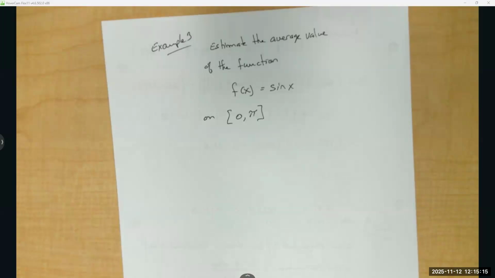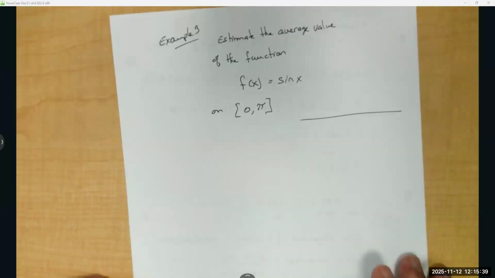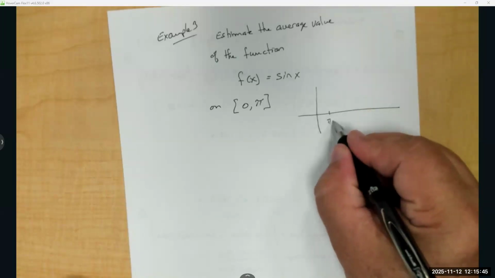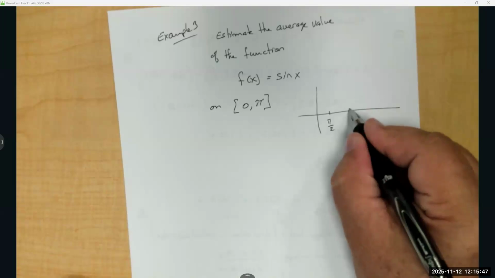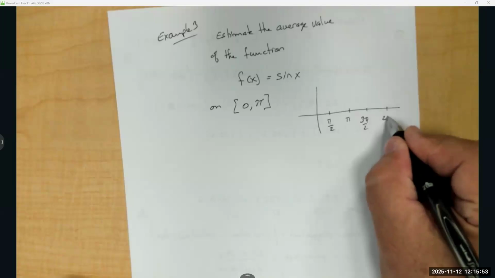Is it average? Yeah. So you guys are starting automatically. What do you need to know first? Well, first off, let's look at the graph of this thing. From 0, we have pi over 2, we have pi, we have 3 pi over 2, and we have 2 pi.